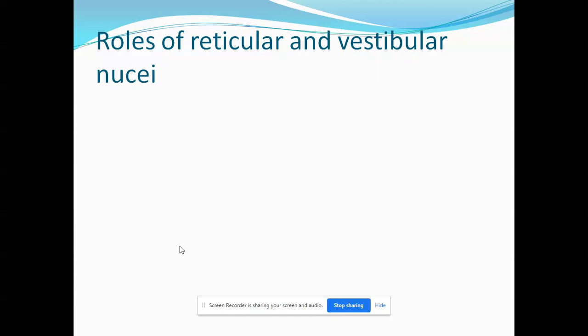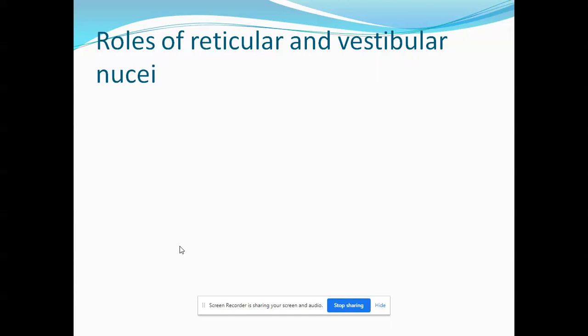These nuclei get the signal from the brain and send it to the extensor muscles of the body, which maintain the position of the body straight and erect. One of the nuclei among reticular nuclei is facilitatory for the extensor muscle, and the other one is inhibitory for the extensor group of muscles, whereas both vestibular nuclei are inhibitory to the extensor group of muscles.